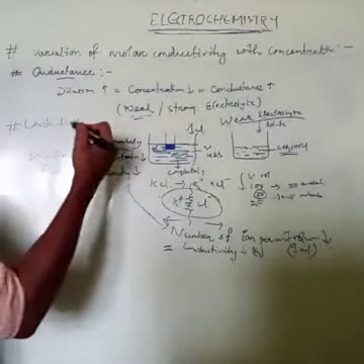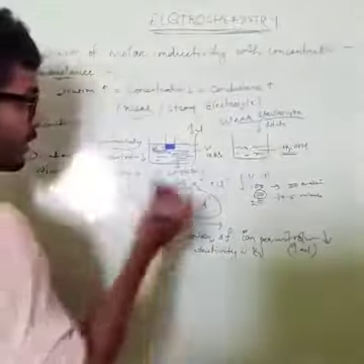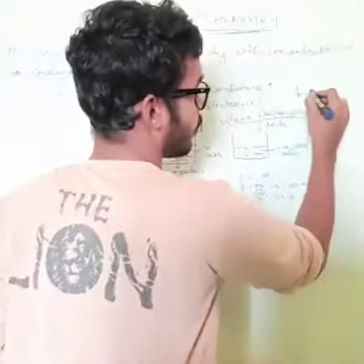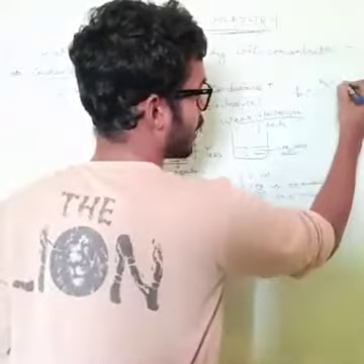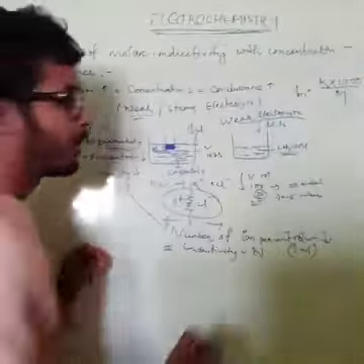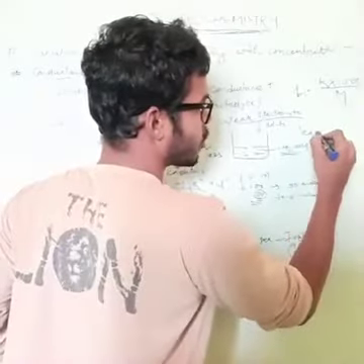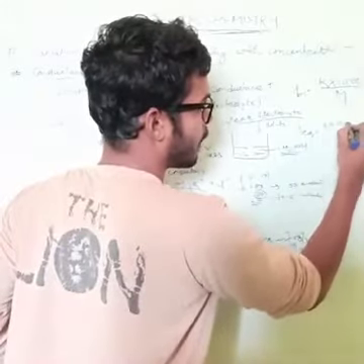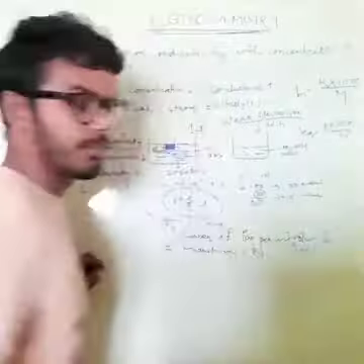So what we'll get? Last time we saw the relations: molar conductance equals kappa into 1000 divided by molarity, whereas equivalent conductance equals kappa into 1000 divided by normality.